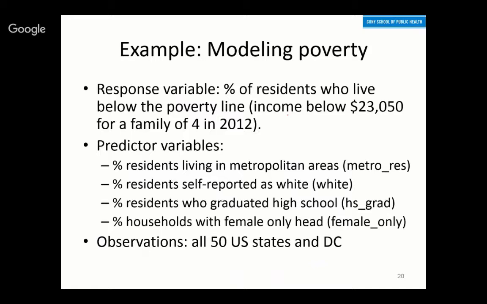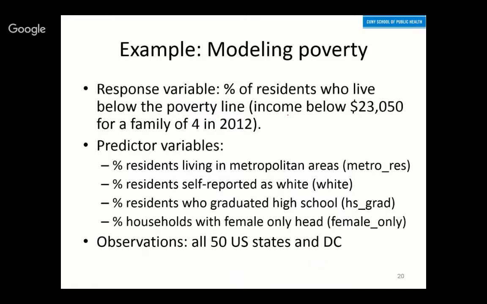All right, let's get on to another more public health example, modeling poverty. So this is a data set provided by the book where the response variable is the percentage of residents in a county living below the poverty line, with 4 different predictor variables.